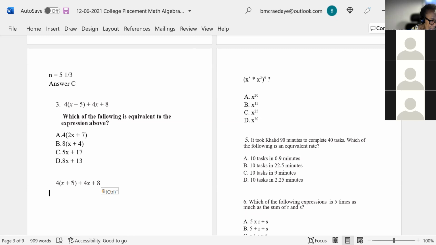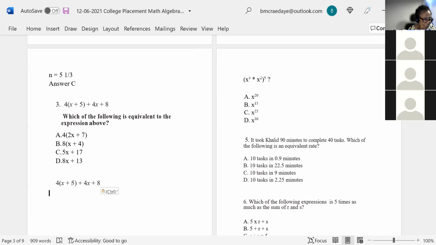Just x plus 5. And then right paren, plus 4x plus 8.